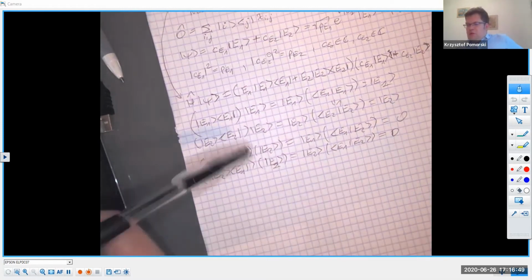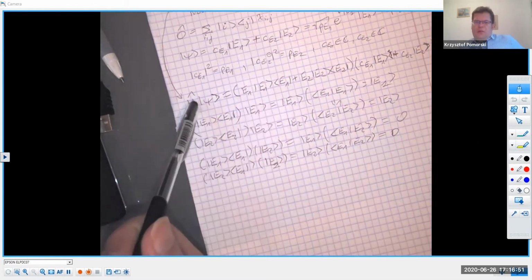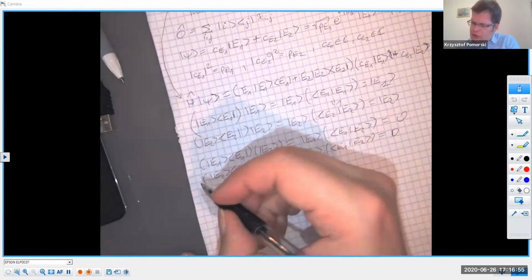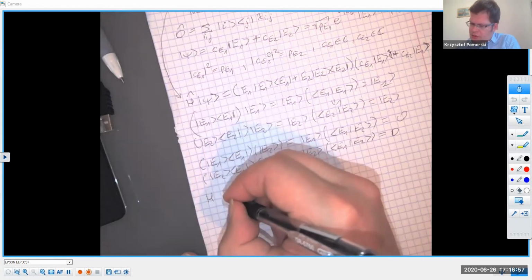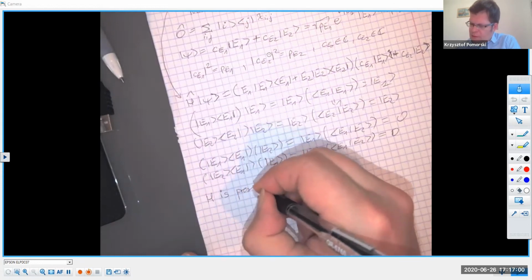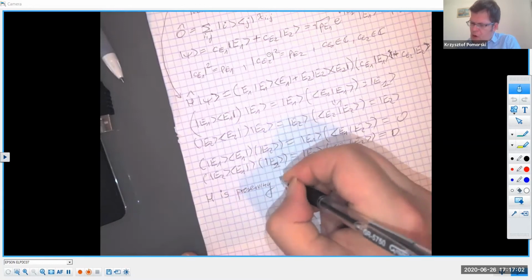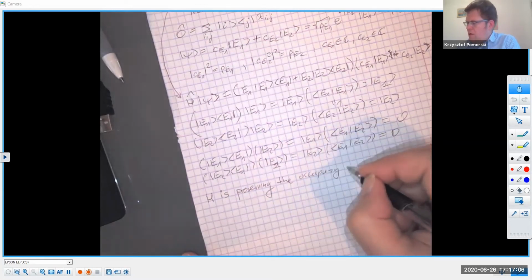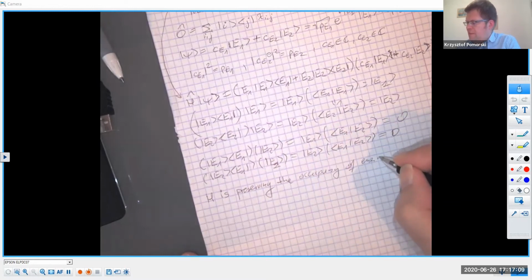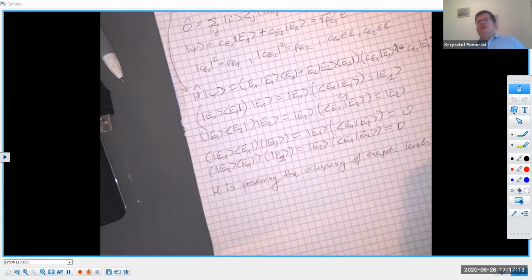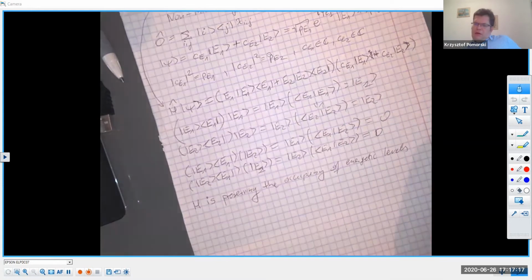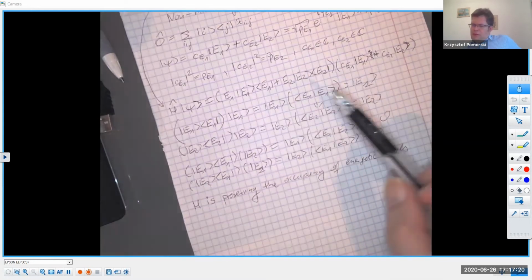It's very important to recognize that the action of this operator H is preserving the occupancy of the energetic levels. Does it change the probability of occupancy of E1 or E2?